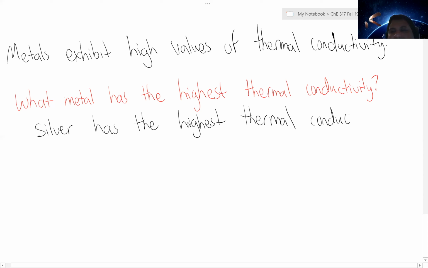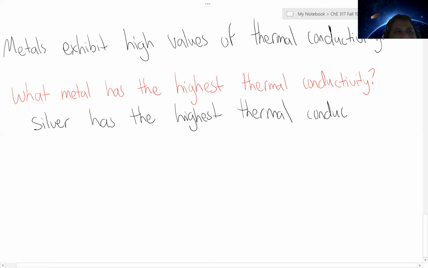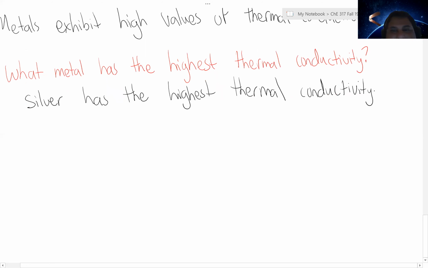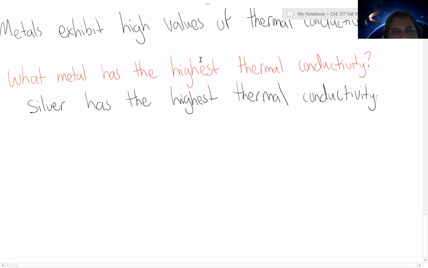Which is why, if you study anything associated with electronics and hardware manufacturing, silver is used in areas where thermal conduction is important. For those that may be into PC building, that's why when you do CPU installation, you need what's known as silver paste to connect it to your heatsink.